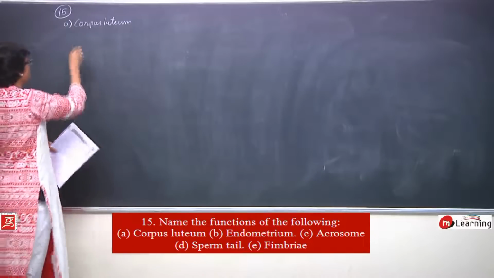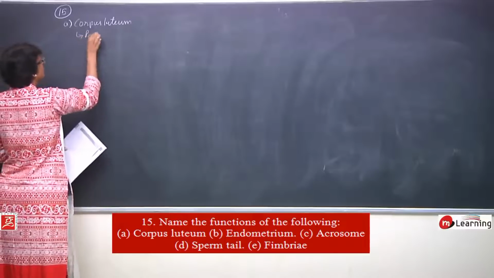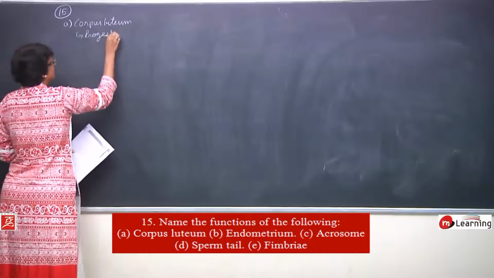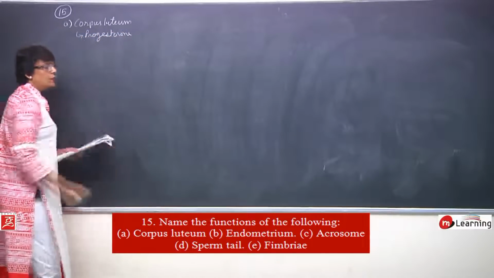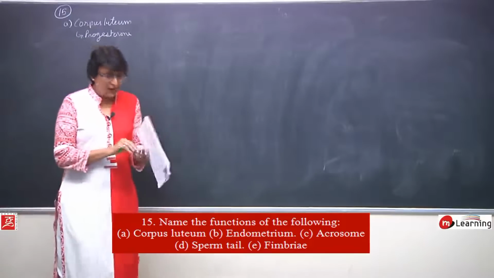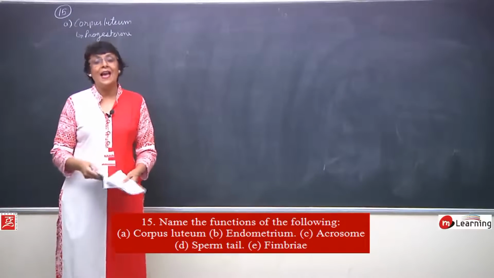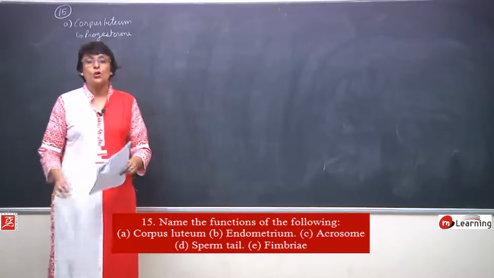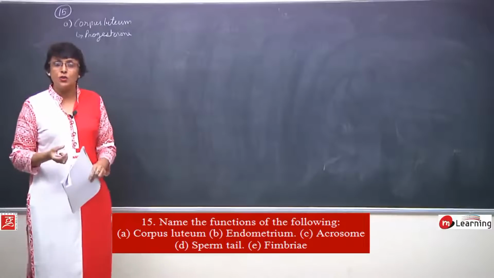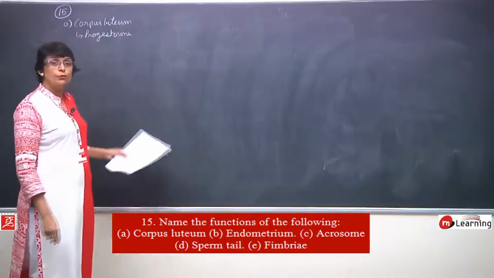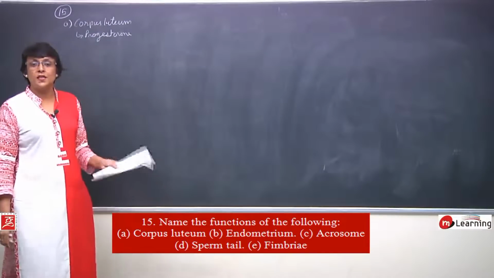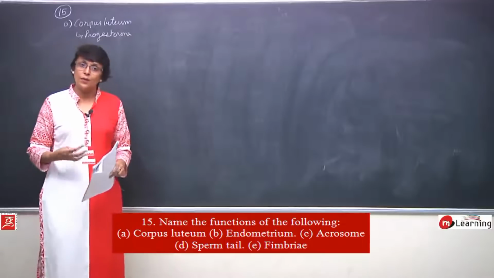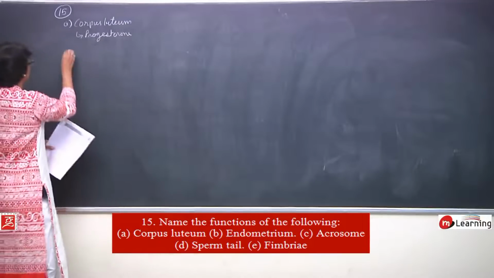Corpus luteum secretes progesterone, which is required for maintaining the thick endometrial lining and pregnancy also. So, progesterone is basically a pregnancy hormone. Initially, corpus luteum secretes it. Once the placenta is formed, placenta takes over the job and it will go on producing progesterone.